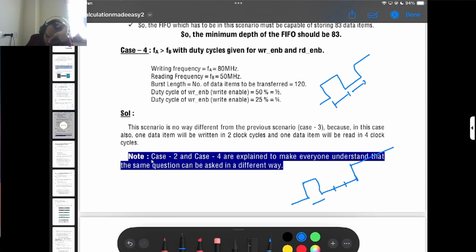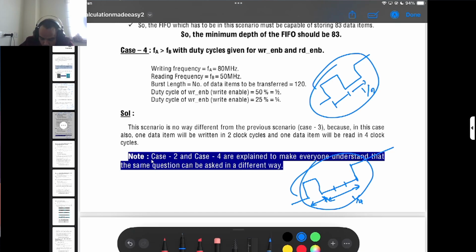One fourth of the time it's on and the rest of the time it's off. So this is my one fourth duty cycle and this is one half duty cycle.